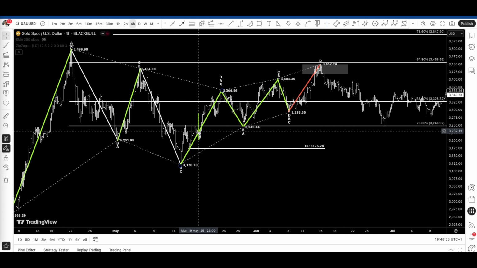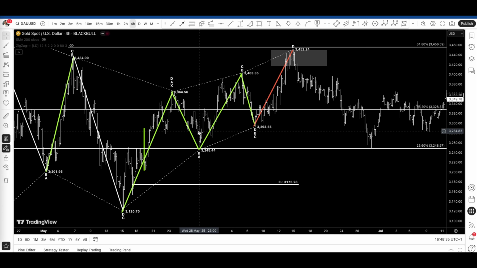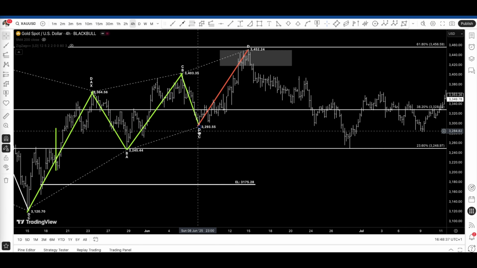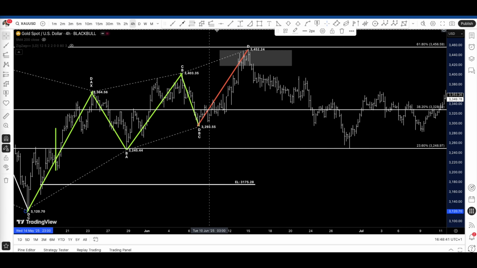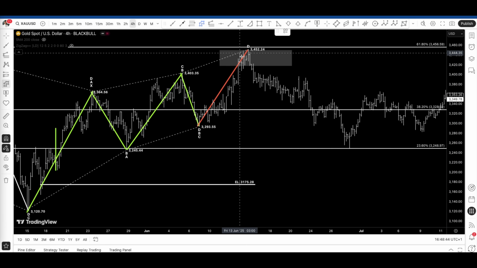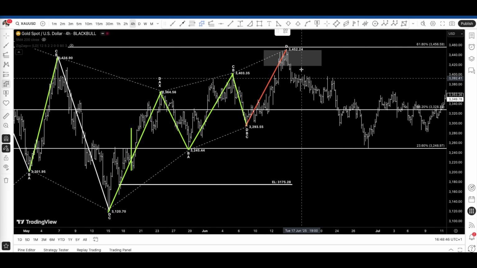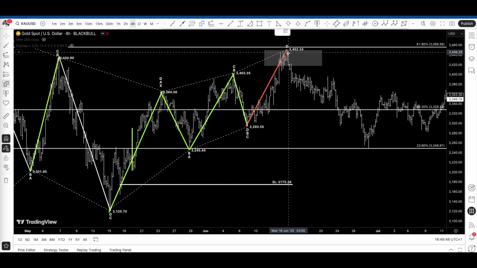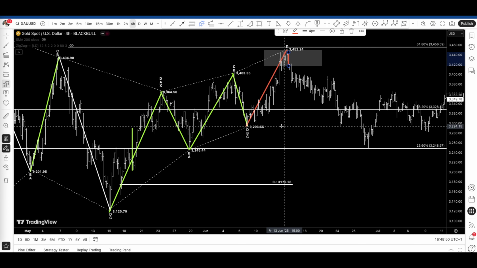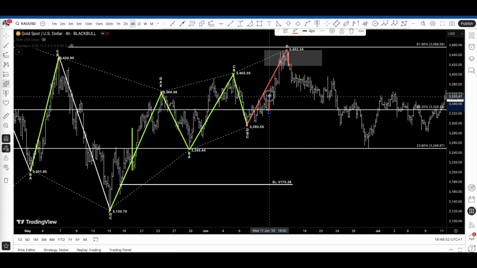Once I have these price completion zones ready, the only thing that I want is volume. So we can see where the volumes are kicking in, for example. We have this to the downside. We squeeze the charts a little bit more. This already gives you volume. This one gives you volume to the upside.